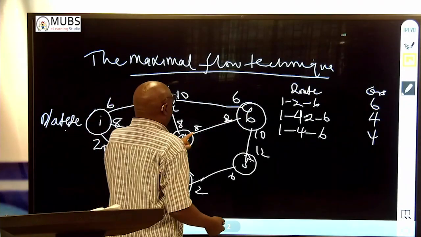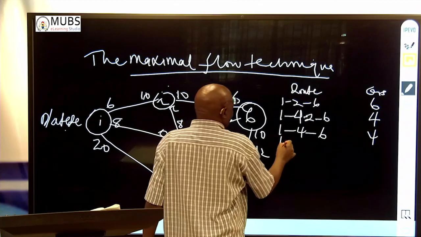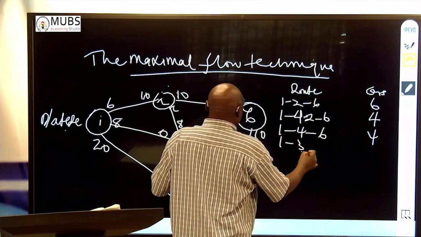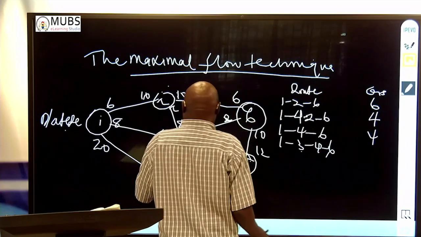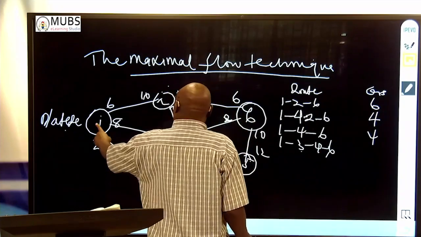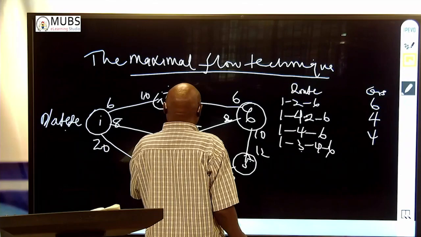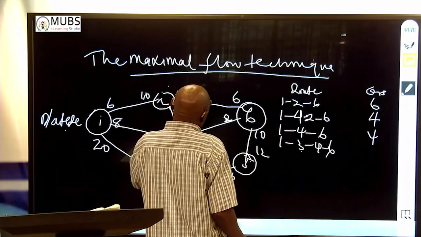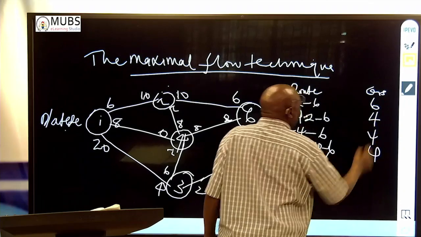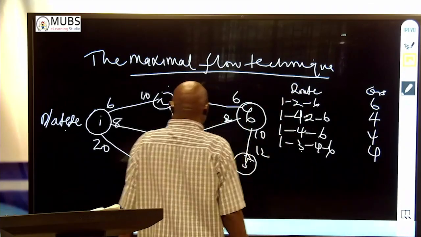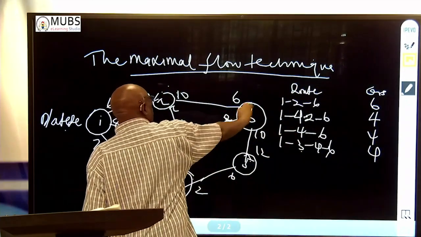So 1 to 3 to 4 to 6: these are 20, this is 6, and it can also allow 4 cars, because 4 have already been allowed in this direction.